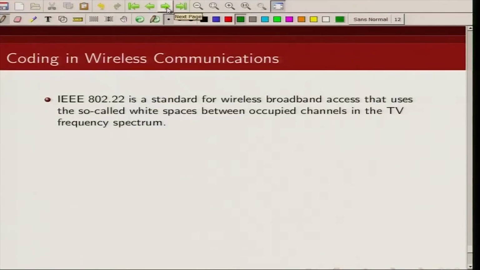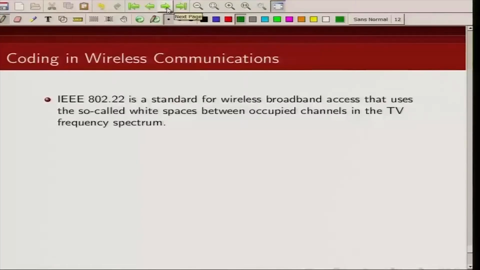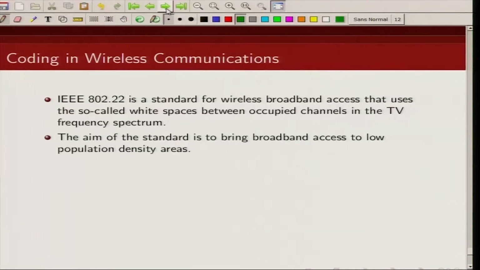And finally, I will conclude this discussion with the IEEE 802.22 standard, which is basically for cognitive radio, opportunistic access over TV white spaces, the TV spectrum which is not being used, which can be opportunistically used for communication, and the whole idea of IEEE 802.22 is to provide rural connectivity.